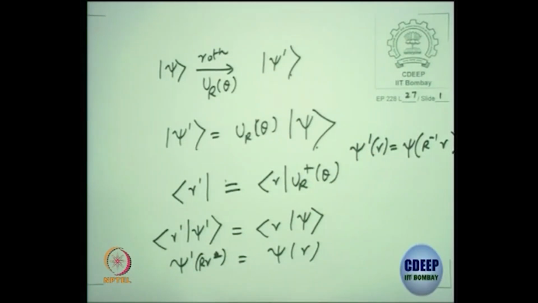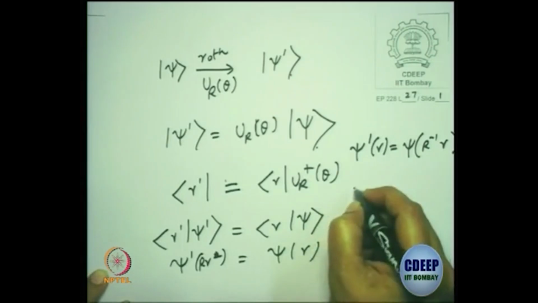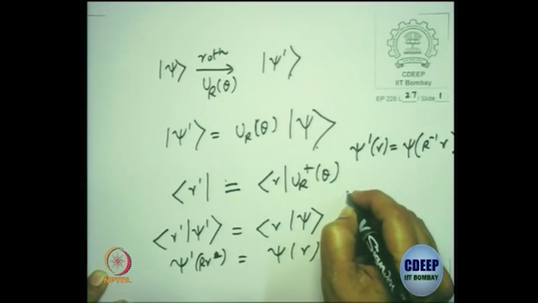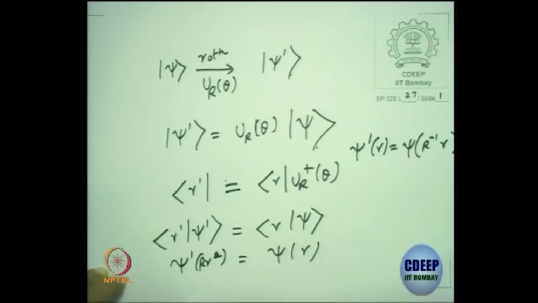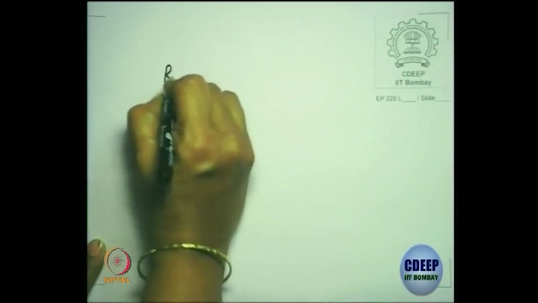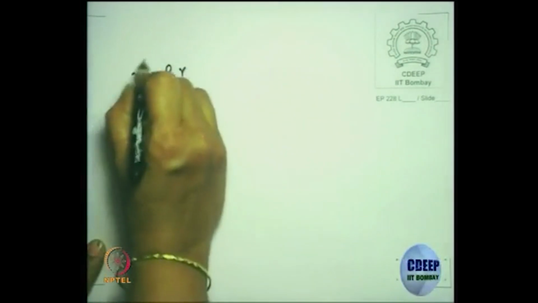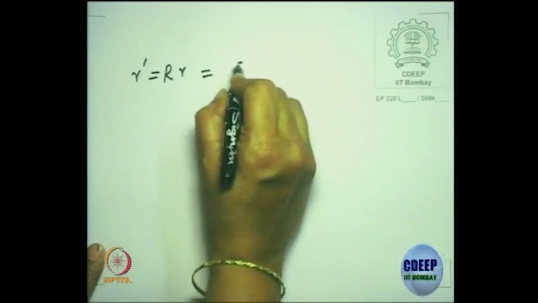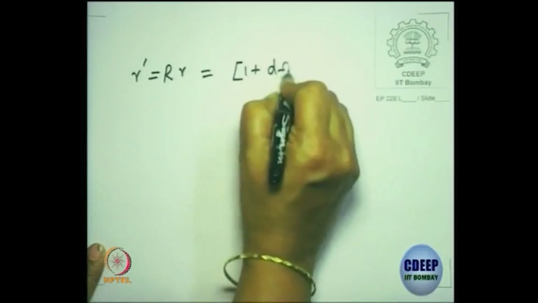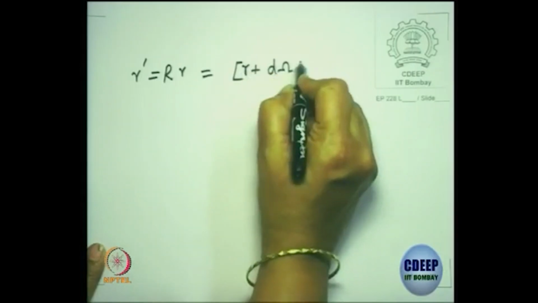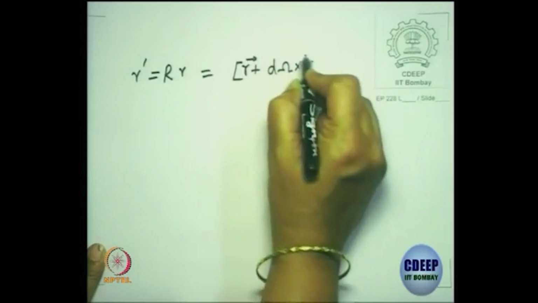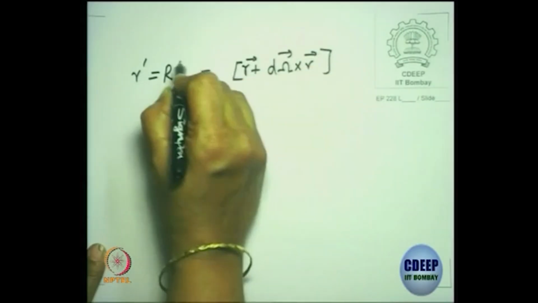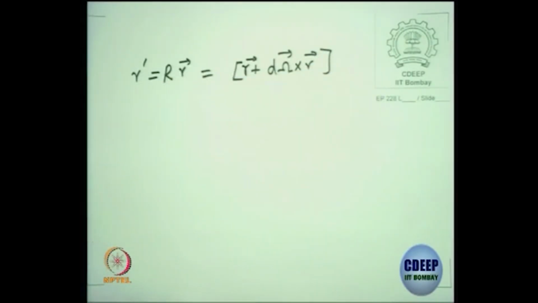Then what can you do here? We know what R on r is, that is r prime, which is 1 plus d omega cross r, or r plus d omega cross r. So what will be R inverse?